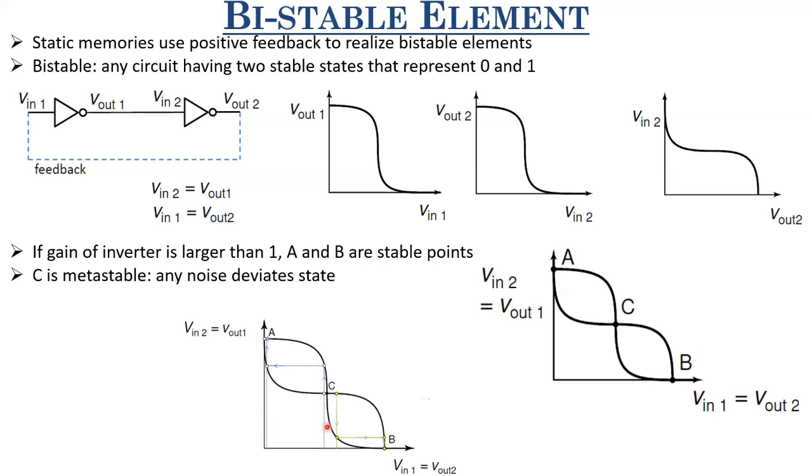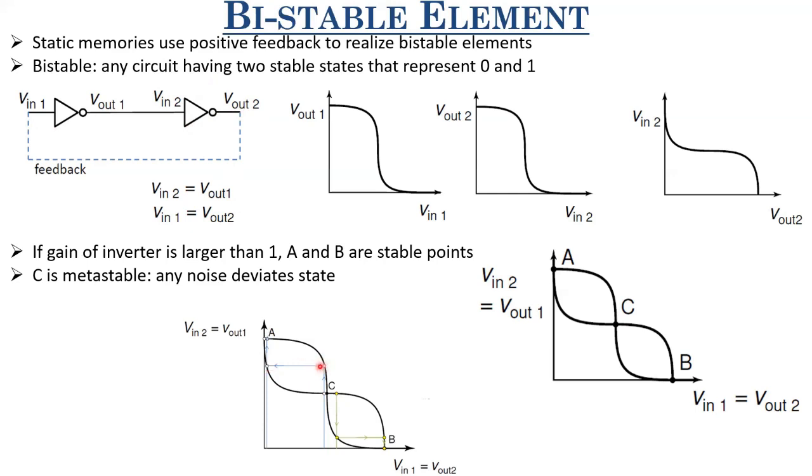Now this V out 1 is actually V in 2, that is, this voltage is the input to the second inverter. If this voltage is input to this inverter, the output will lie on this line, right? So corresponding to this V in 2 as the input to the second inverter, the output that you get here is this, right?